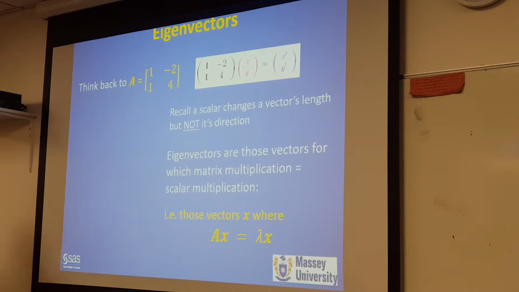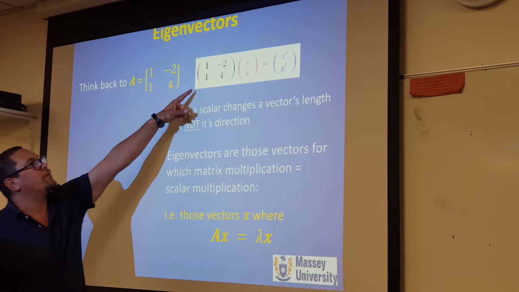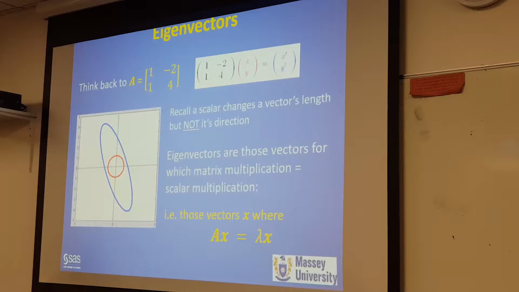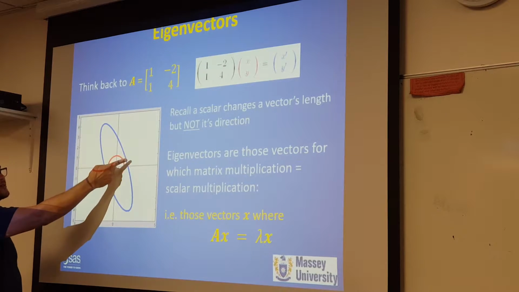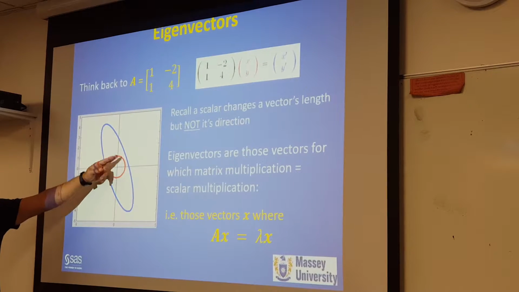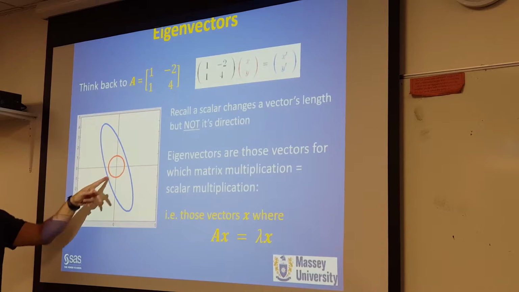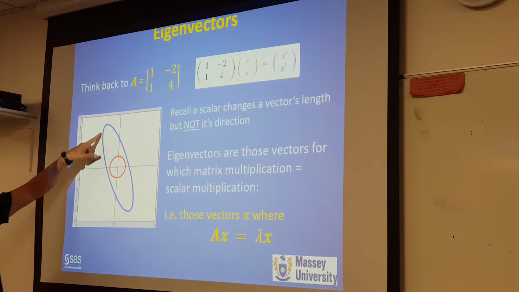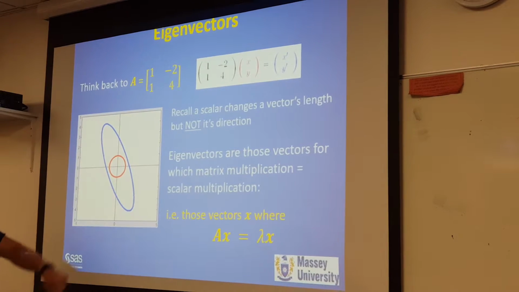Let's think back to this thing that we did before, which was this matrix here, 1, 1, negative 2, 4. Remember we had this example here. These are the original vectors denoted by the red circle. You can think of any arrow pointing to any point on that red circle, and that gets transformed by the matrix A, if we multiply it by the matrix A, to lie then on this blue ellipse.